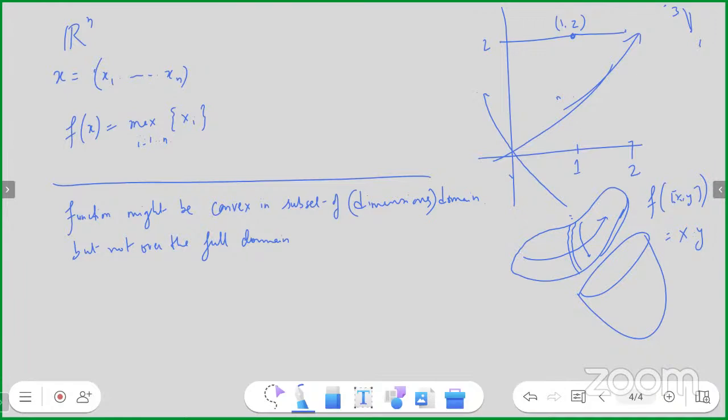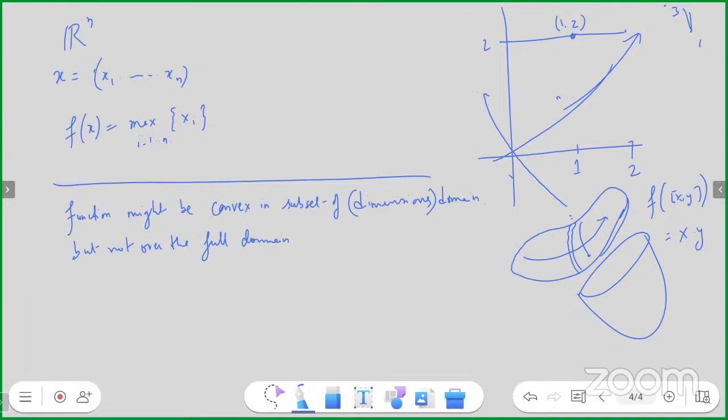The function actually decreases, while if x increases more than y, it increases. That is not sufficient. That's not convex. We want to show that it's not convex, but why is the question. If x increases more than y, then it's increasing. But the only way to be convex is if it also increases when y is increasing.